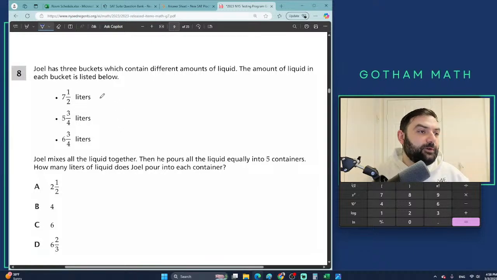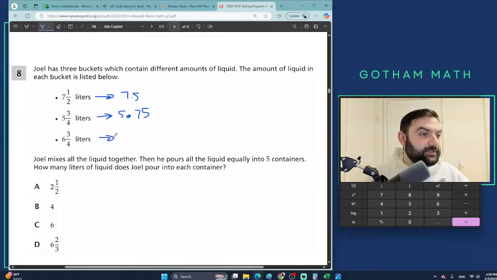For the smarter, faster way, you need to know how to write these mixed numbers in their decimal forms. Like what this will be, 7.5. What this will be, 5 point what? 3/4 is .75. So it's 5.75.